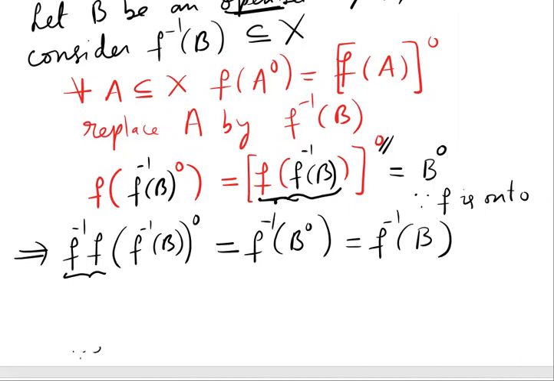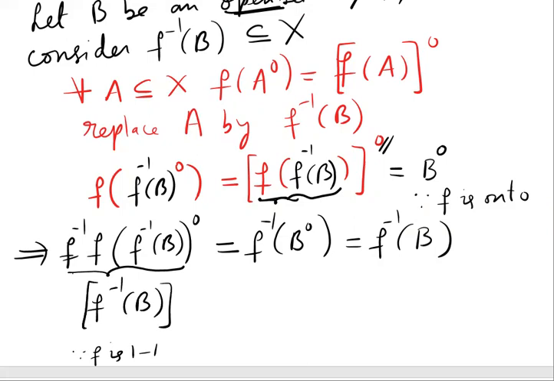So since F is 1, 1, this whole thing will be equal to F inverse B interior, which is equal to F inverse B. Why are these two equal?